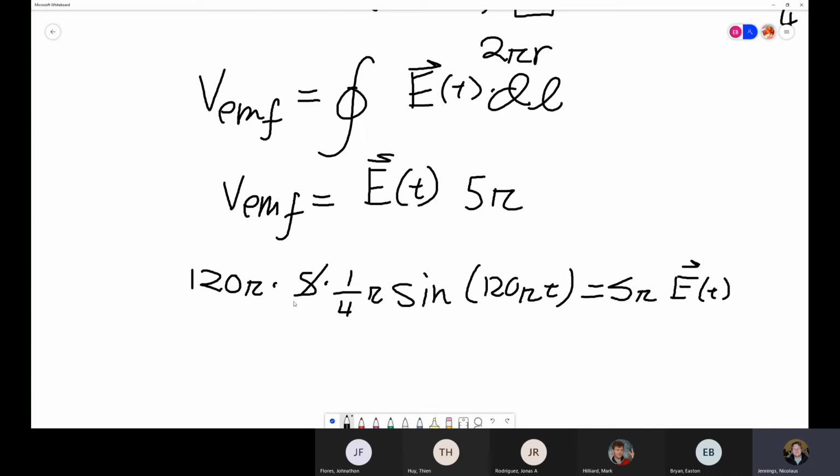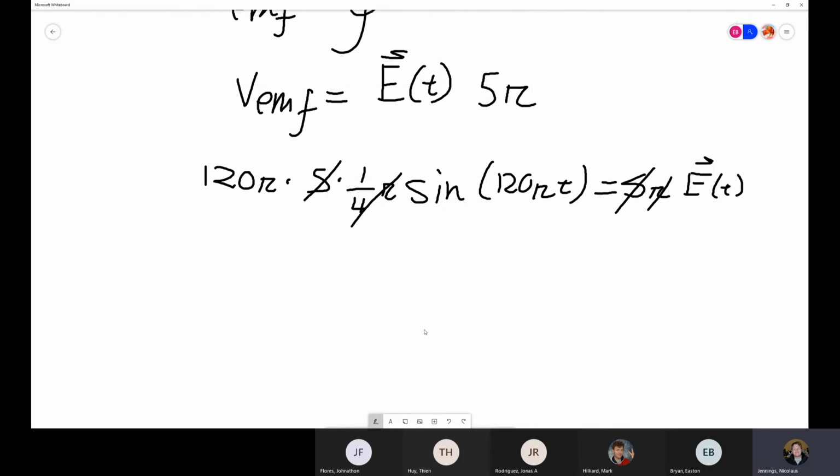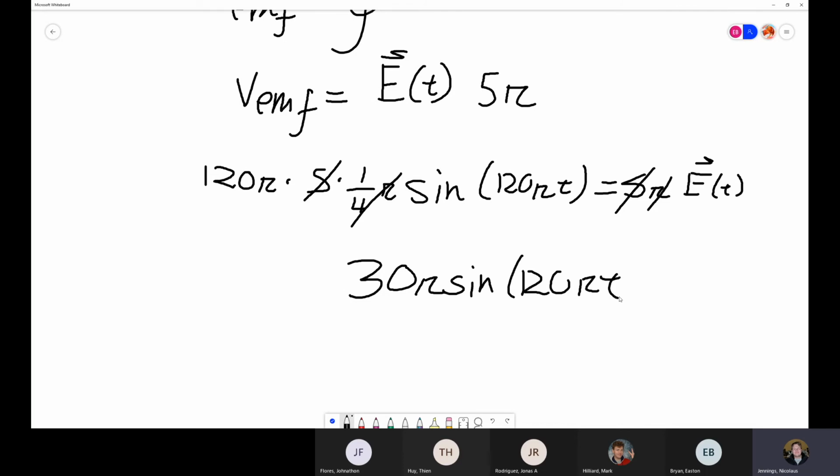We have a 5 over here, we can cancel that out, and a pi here, a pi here. Then we have 120 pi over 4, so that's just 30 pi. So we get 30 pi sine of 120 pi t.